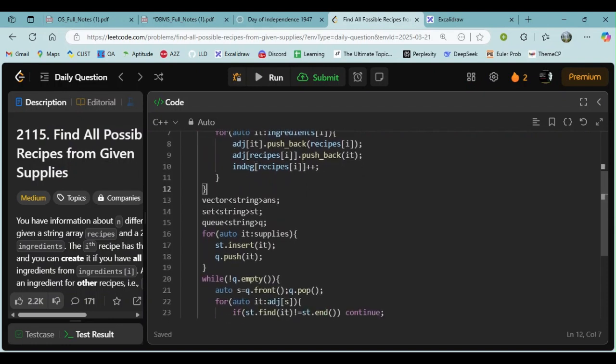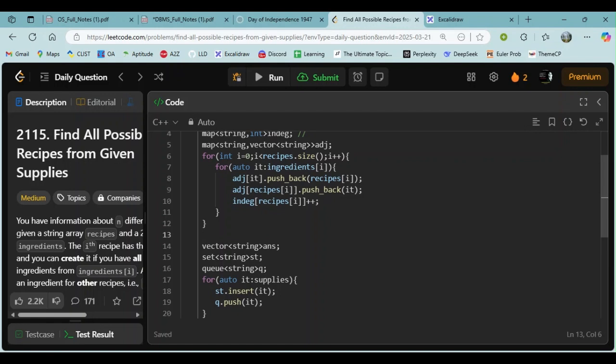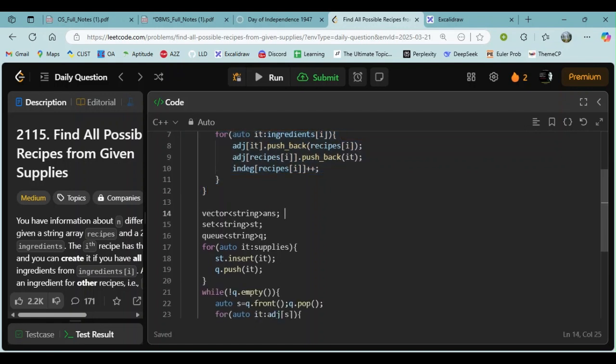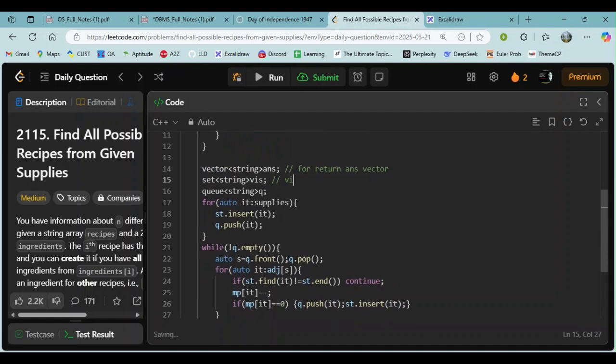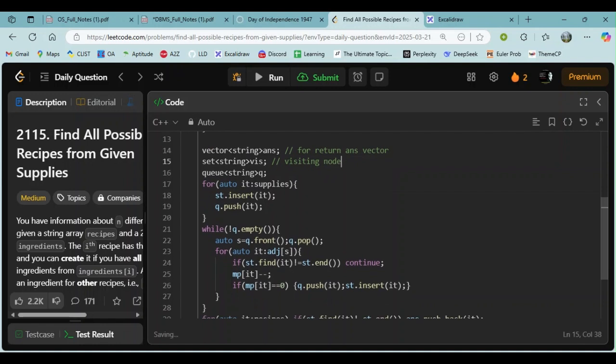Okay, so this is just the undirected graph, and this is for returning the answer vector, and I'm taking a set for marking the visited nodes.